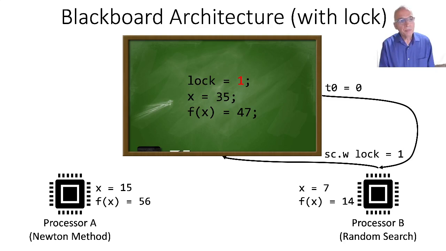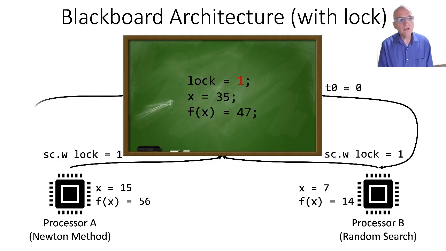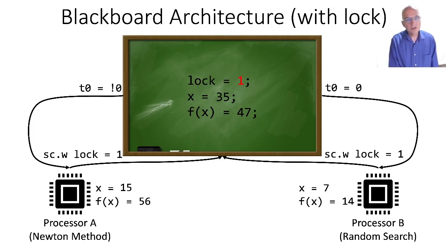Of course, when processor A tries to do a store conditional into the lock, it is going to receive a return that is non-zero, indicating that the store conditional did not succeed. Therefore, it cannot proceed to read the board or update the board.